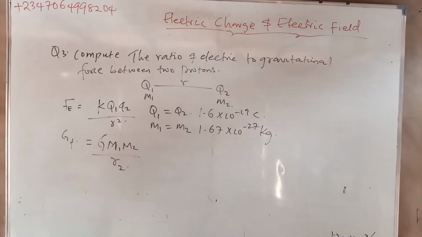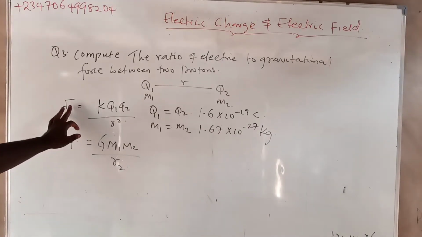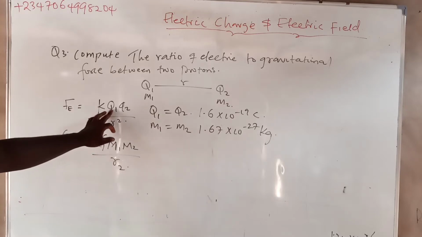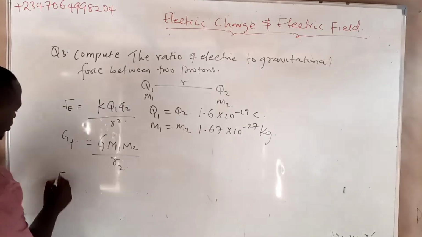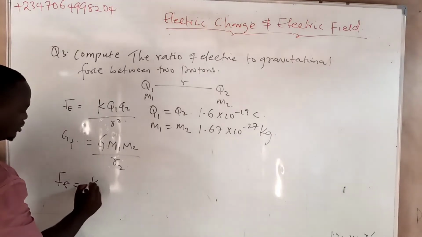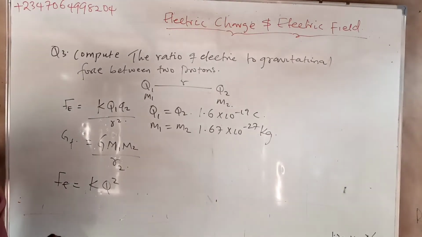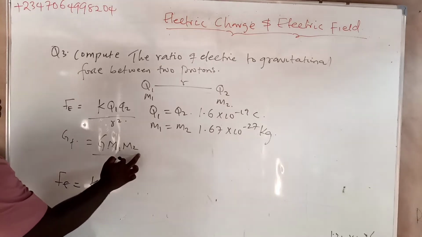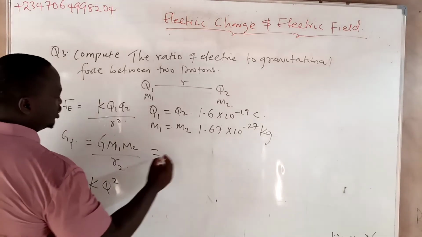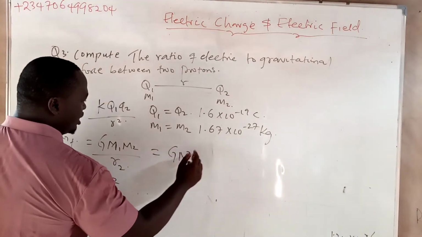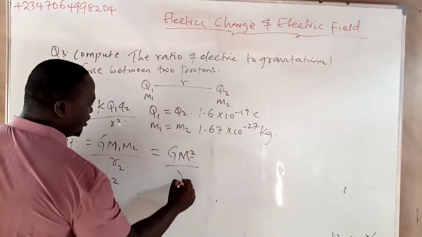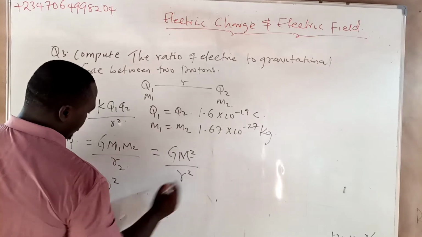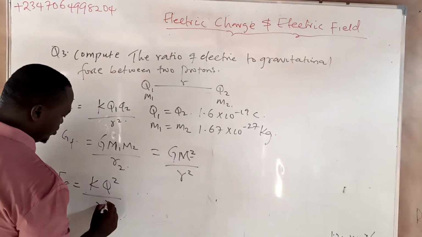Now, from the electric force, since Q1 and Q2 are the same, this formula will change to Q squared. Since M1 and M2 are the same, this will change to G M squared, all over R squared, right?